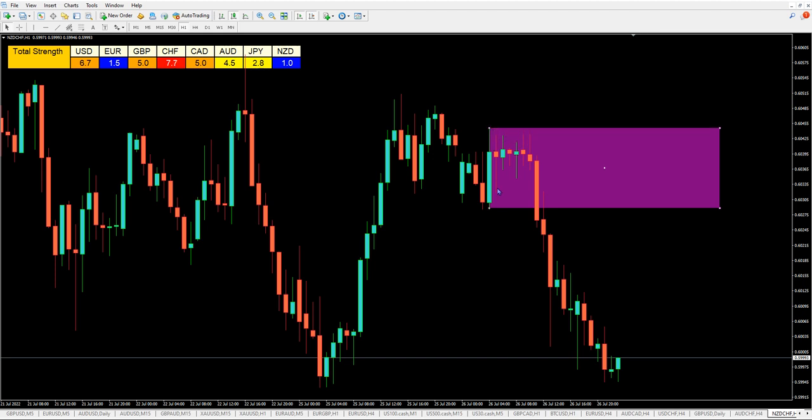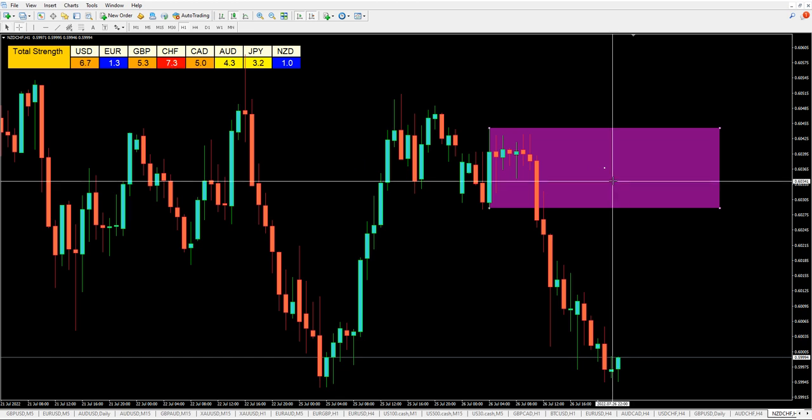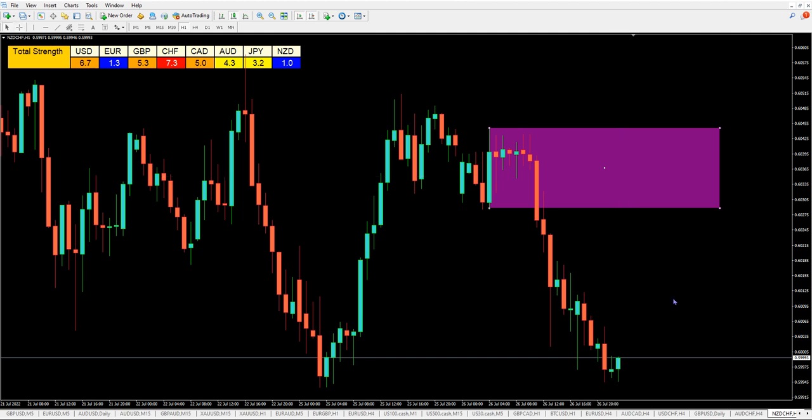As price is retracing back up into this area, into a zone that we think could continue to push price, if we see that the New Zealand dollar is still weak, if it's still got a background of blue, with the Swiss franc being stronger, then we could reasonably expect that price is going to push to the downside as it gets back up here, and that this supply range is going to hold.